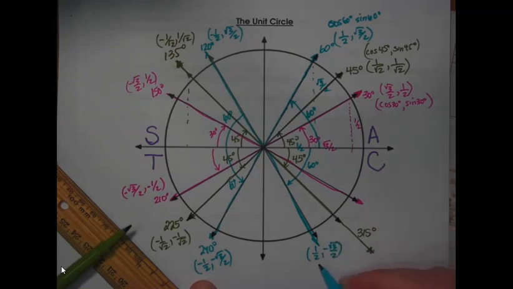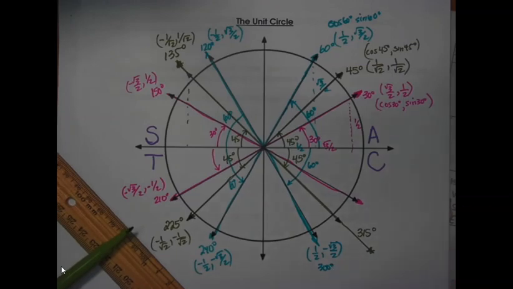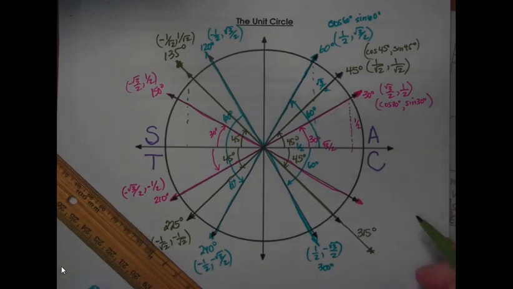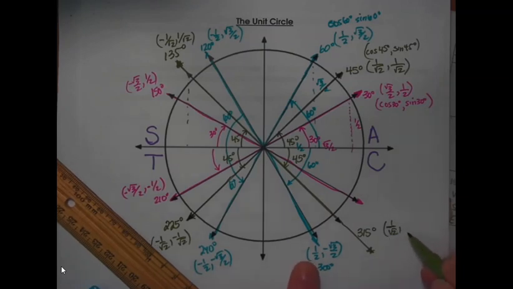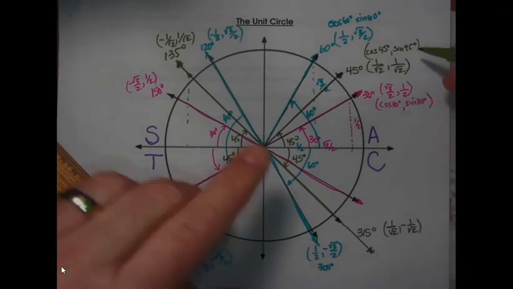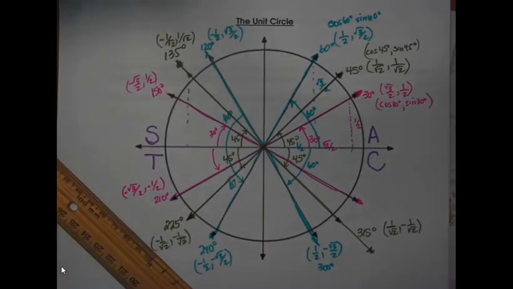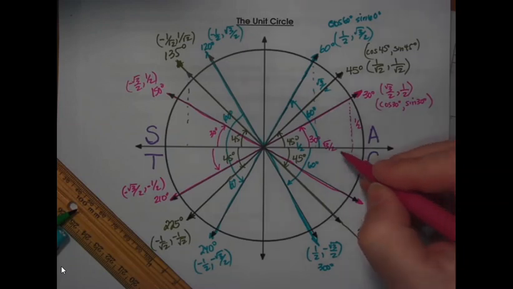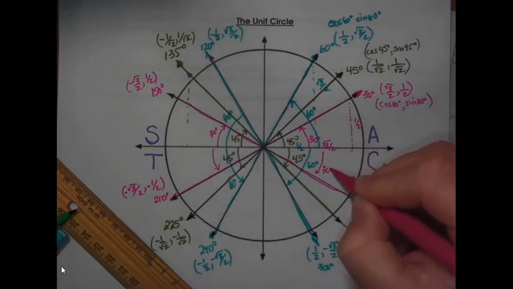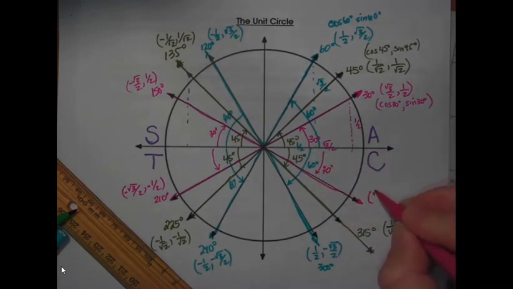So that is 300 degrees. 315, the x value is positive, the y value is negative, matches up. All right, and then the last one here, we're down 30 degrees. I've got root 3 over 2 and negative 1/2.